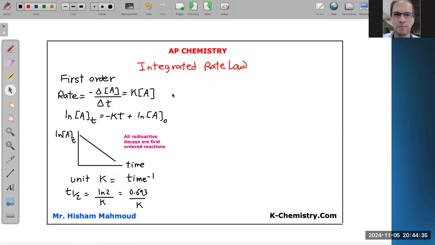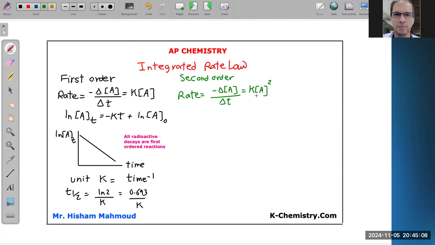Now, if I look at the second order, I will say that the rate is equal to, again, the same thing: the change in concentration of A divided by the change in t equals k[A] to the power of 2 this time.